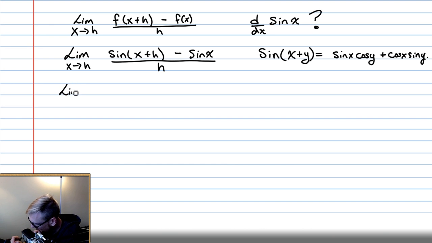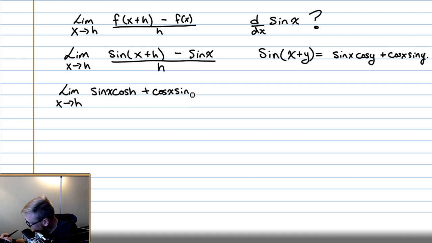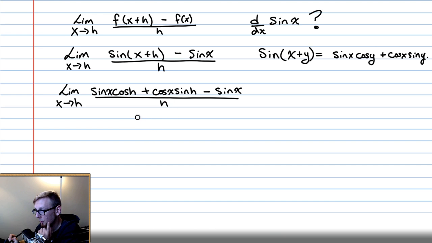Then we've got the limit, and this turns into sine x cos of h plus cos of x sine of h, minus sine x, over h. Now, I'm wondering, what do we do next?